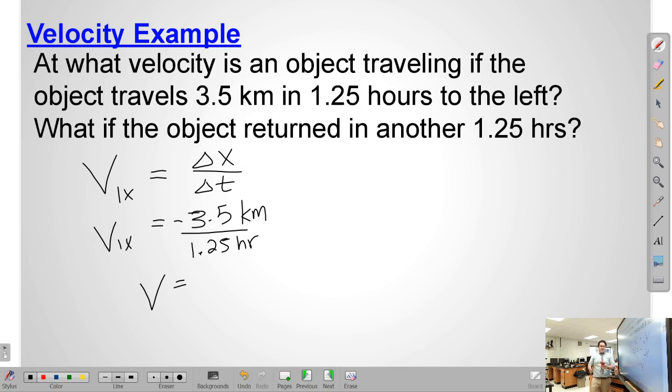Actually, negative 2.8. Kilometers an hour. Branson, what's your units? Kilometers per hour, km/hr.